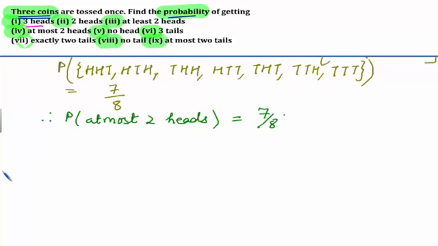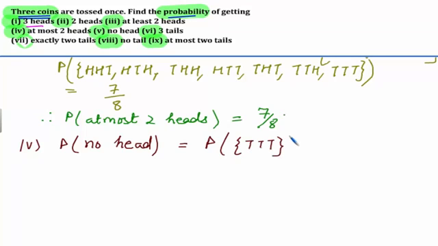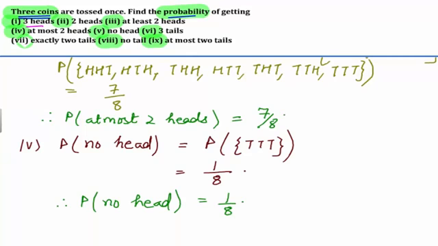Next, let us find out the probability of no head. Now from the sample space, we know that there is only one outcome having no head, which is TTT. So there is only one favorable outcome to this event and the total number of outcomes is 8. Therefore, the probability of no head is 1 upon 8.